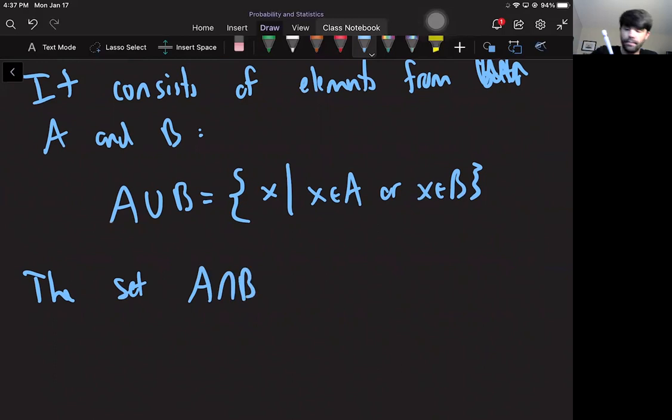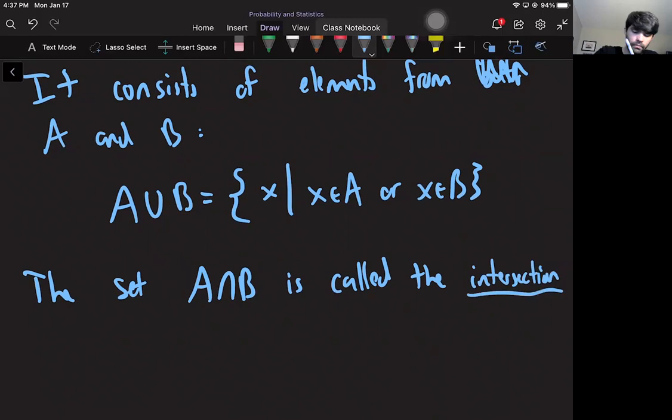So then sort of the opposite of that is called the intersection, which is what this symbol means. It's like an upside down union. So the set A intersect B is how you can read this, is called the intersection of A and B. And it has elements.